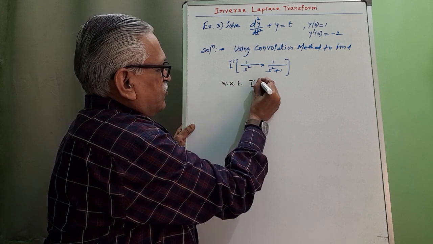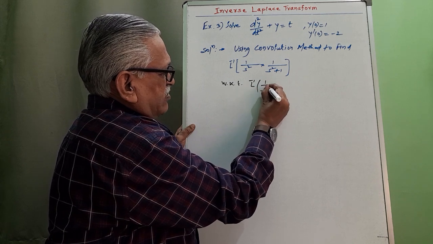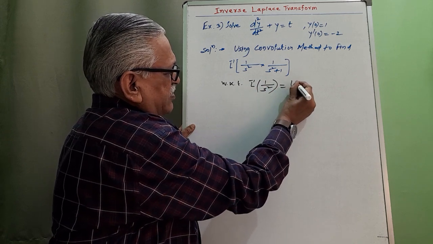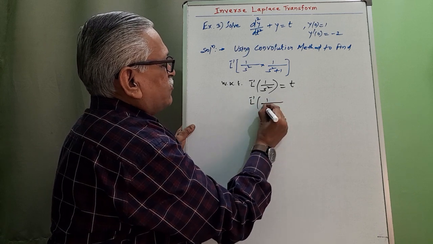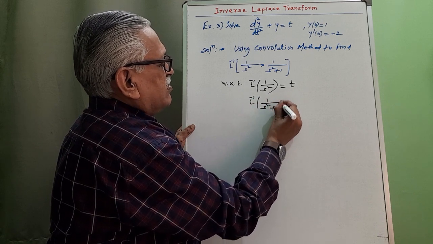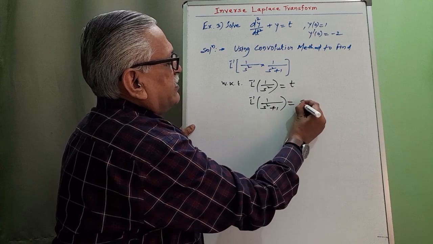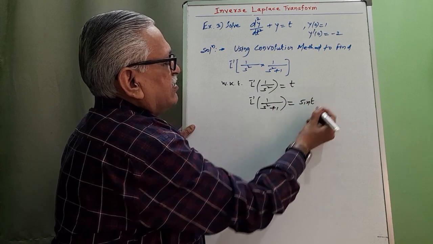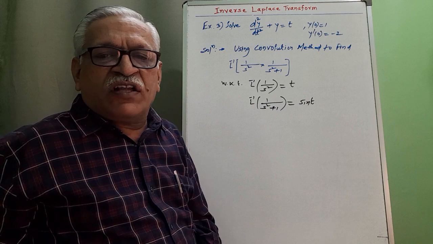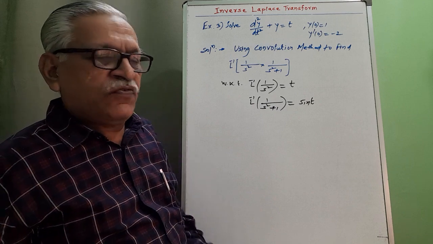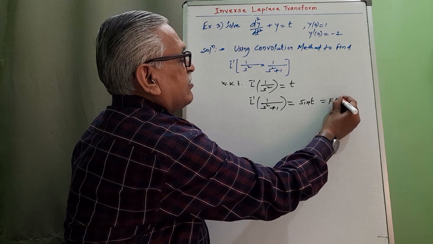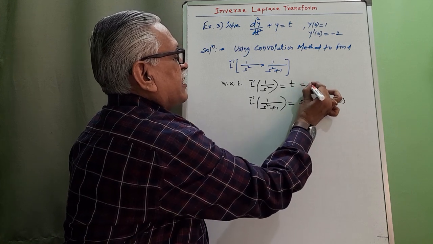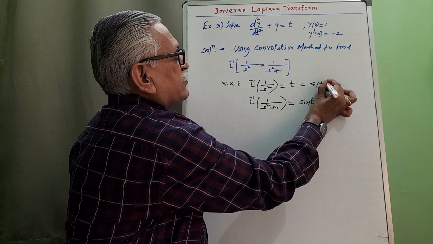We know that inverse Laplace of 1 by s square is t, and inverse Laplace of 1 upon s square plus 1 is sine t. Any one of them we have to call as f of t and the second one as g of t. Let's call this sine t as f of t and this t as g of t, say.